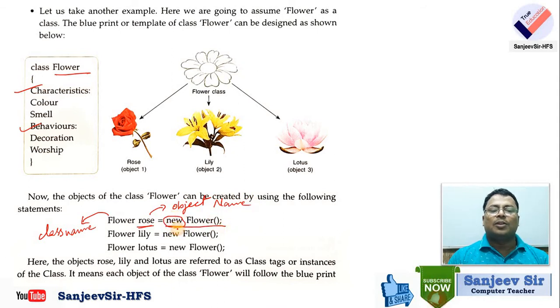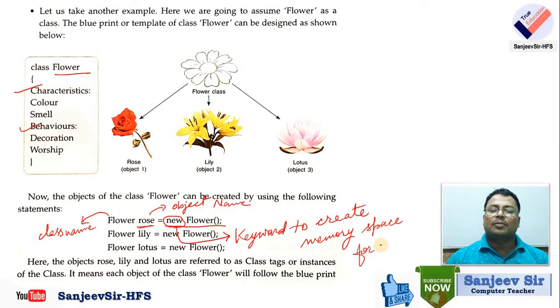New is the keyword, and the new keyword is used to create memory space for the object, that means to occupy the memory space for the object. And this is the constructor that we have to write for creating the object.